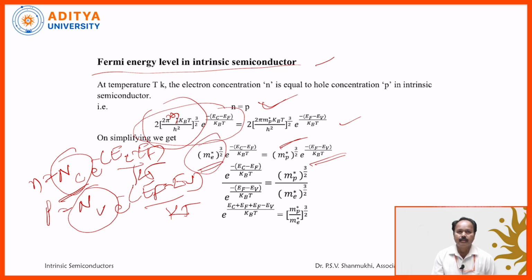E power minus of (Ec minus Ef) by kT divided by e power minus of (Ef minus Ev) by kT is equal to mp star whole power 3 by 2 by me star whole power 3 by 2. Again simplifying, e power something is equal to (mp star by me star) whole power 3 by 2. Let us take the natural logarithms on both sides.